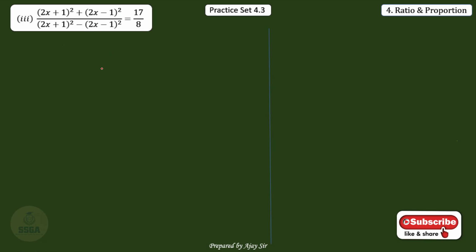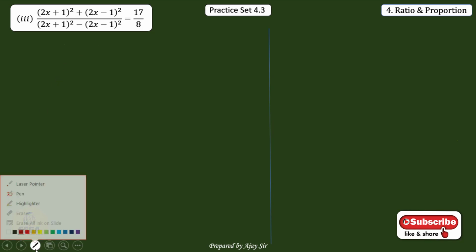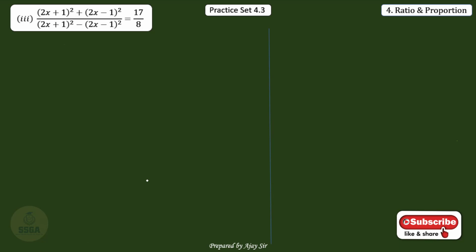So therefore, let us write the solution. In the solution we will write the given question as it is.